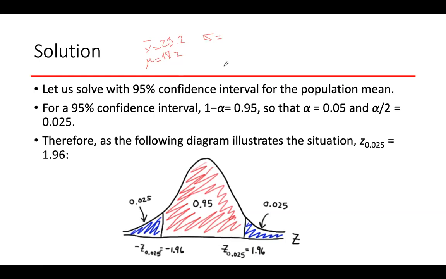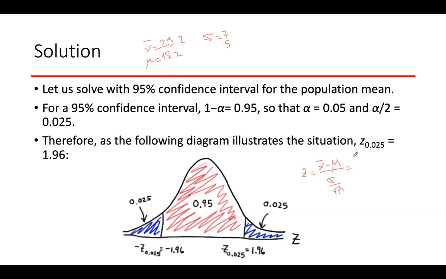It was 7. Let's say it was 7. Mahmut says sigma 7 or 5, Ömer says 5. Okay, let's do it. How will I solve this problem again? I will change my X bar to Z, arkadaşlar. Use this formulation, divided by root n. What is X bar minus mu?